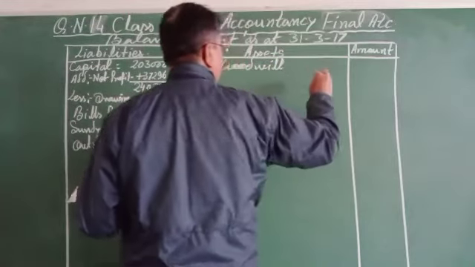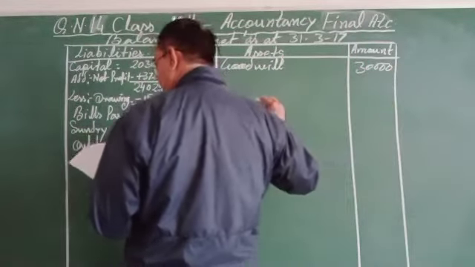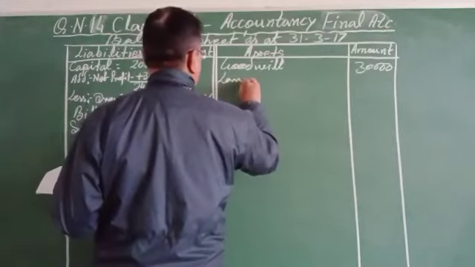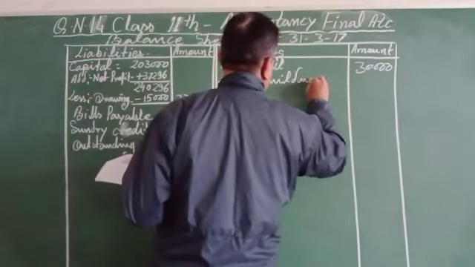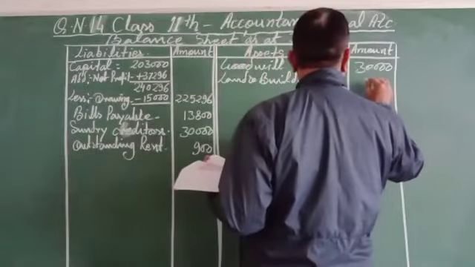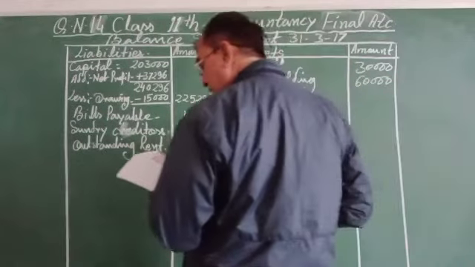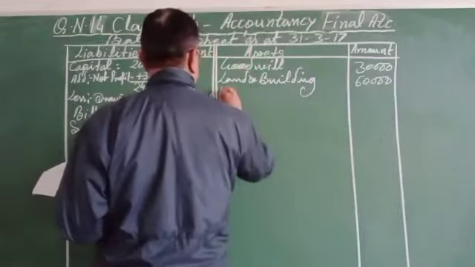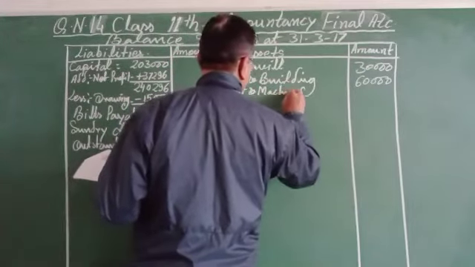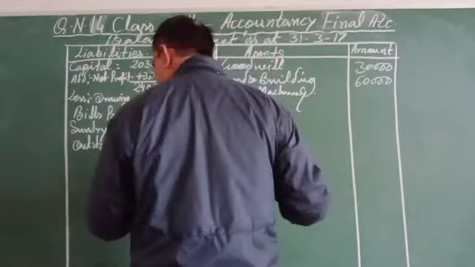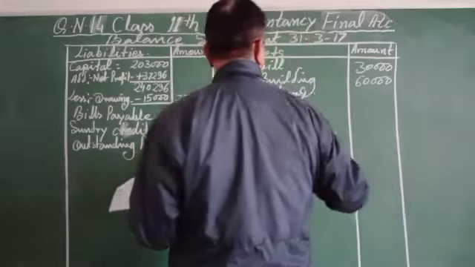Land and building 60,000. Plant and machinery 5%, 40,000.